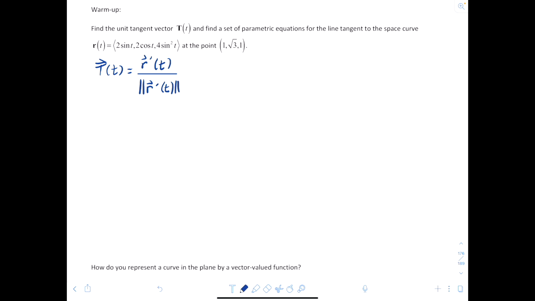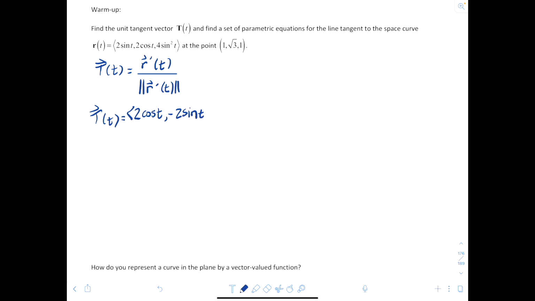And so r prime at t will give us 2 cosine at t, and this is a vector, and negative 2 sine at t.